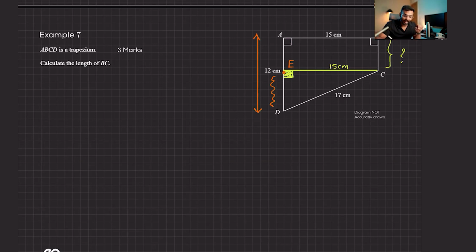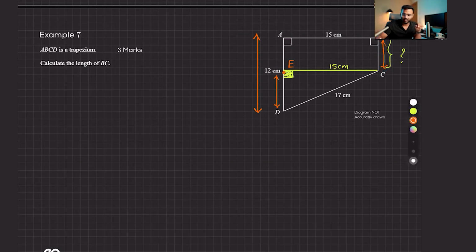So if you can work out DE, which is a smaller length, then this length over here should be the same as there. Did you guys get it? AE is the same as BC over there.